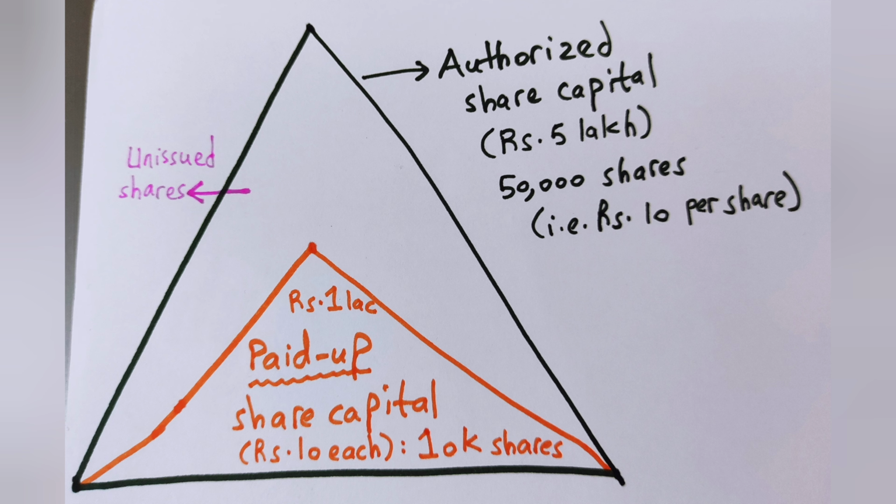And you know that in the future, as and when the need arises, you can issue more shares, and those shares that you issue in the future can be issued up to a limit of 40,000 shares, because that is the limit, right? So you can't come out of this black triangle, and like I said earlier, the black triangle represents the limits, that is the authorized share capital, the share capital that you have the authority to issue, that is your company has the authority to issue and gain money in return, right?